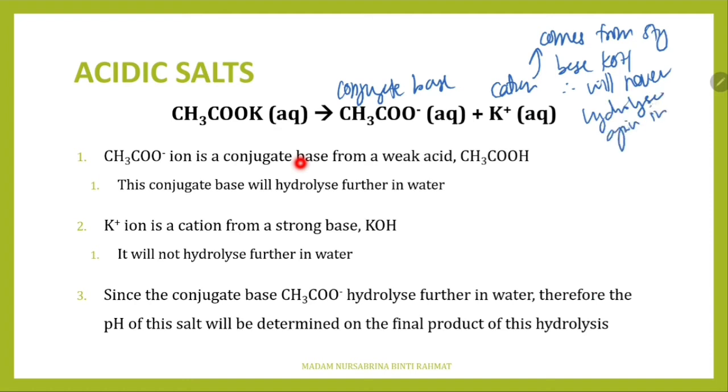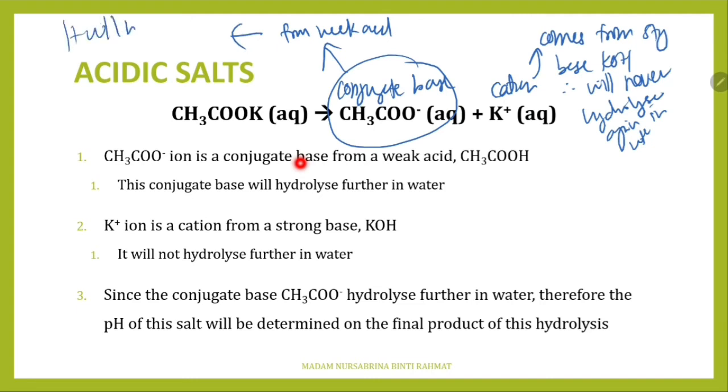Okay, so that means you have to refer to the other ion. We have here the conjugate base from your weak acid. From a weak acid, it will hydrolyze again in water.